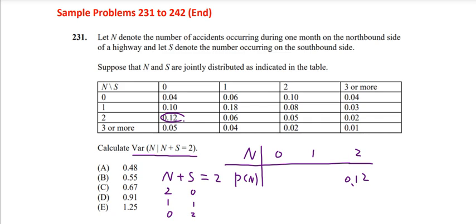And (1, 1), so N equals 1, S equals 1 is 18, right? And N equals 0, S equals 2 is 10.